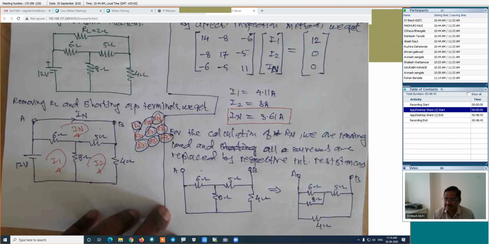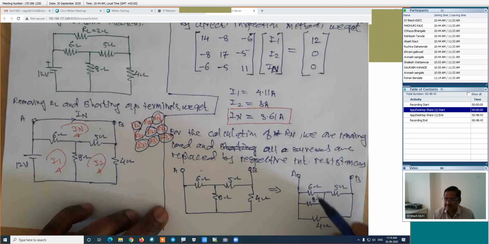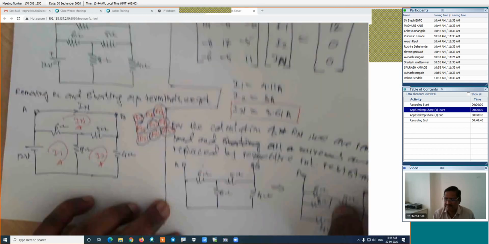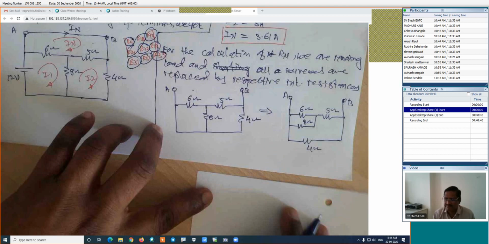If anyone has any doubt regarding these modifications of the figure, you can raise your hand. I will clarify your doubts. Is it right? Now these two resistances are in parallel combination, then series, and then finally parallel. How will its next figure be? I will draw here.